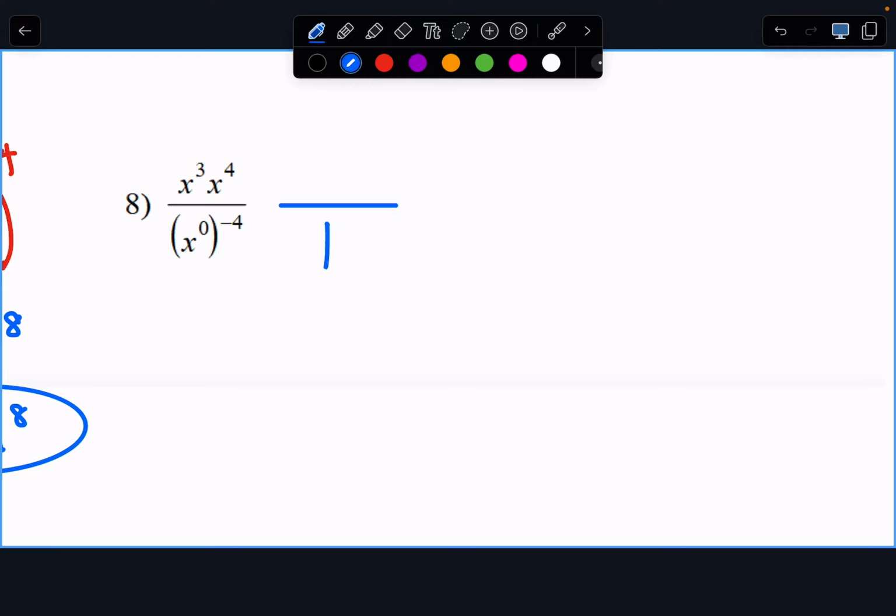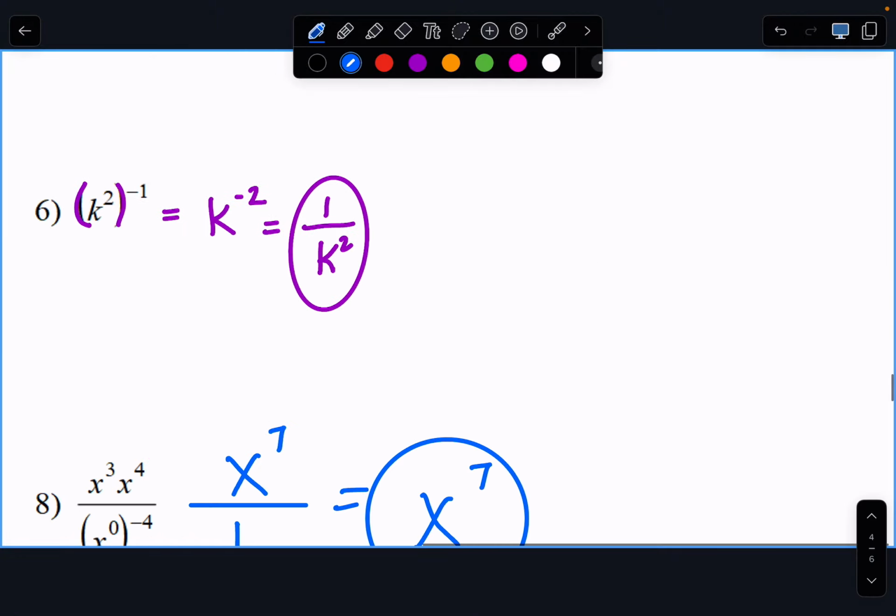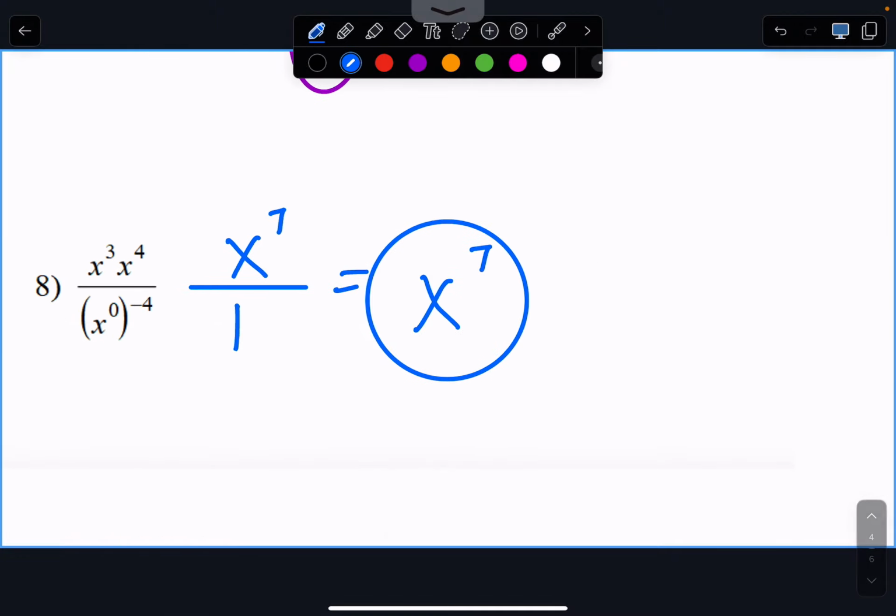Okay. So our denominator is just 1. And then what do I do with my 3 and my 4? We add them because we are multiplying. Yes. Oops. Okay.